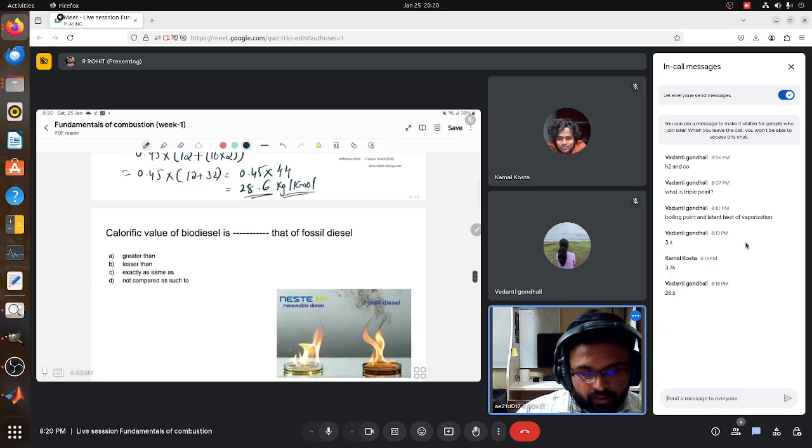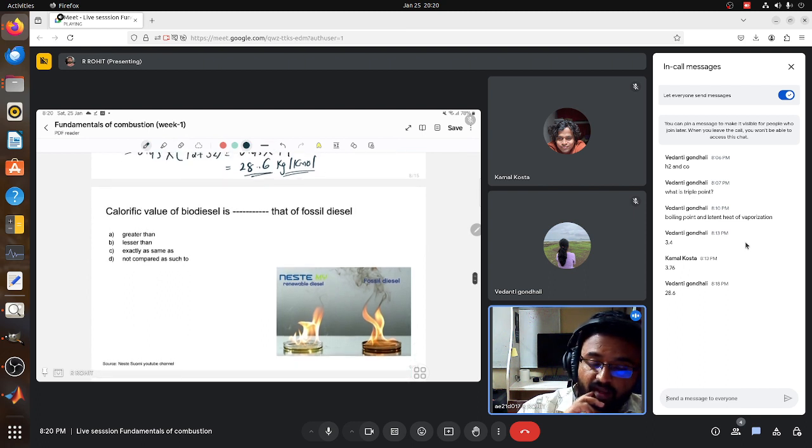The next question is, the calorific value of biodiesel is dash that of fossil diesel. Fossil diesel, or general diesel that we have.